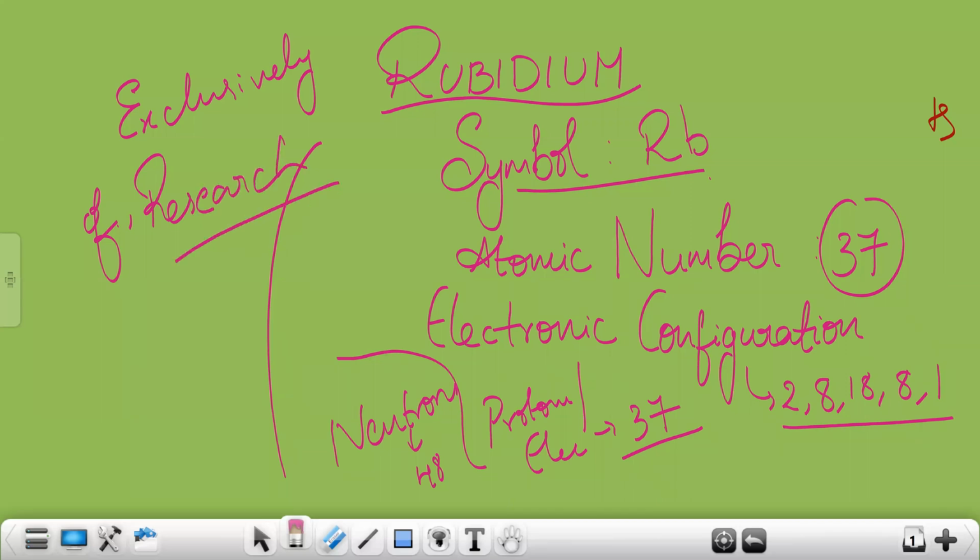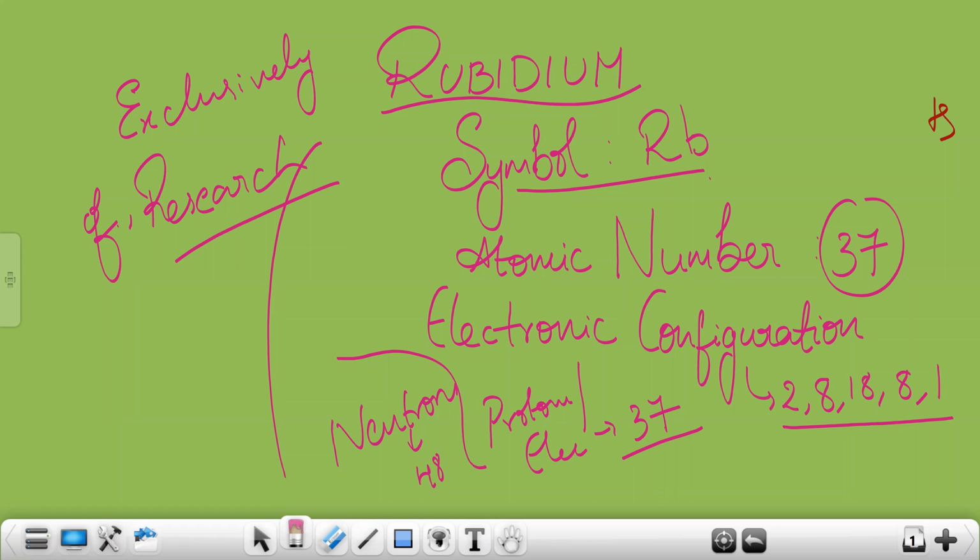A lot of research is going on in the science department in the discovery of different radioactive elements and their properties, and their chemical compositions, because many materials from the universe are yet to be identified.